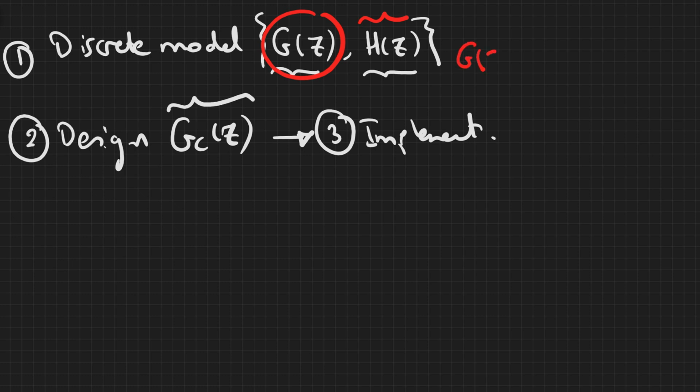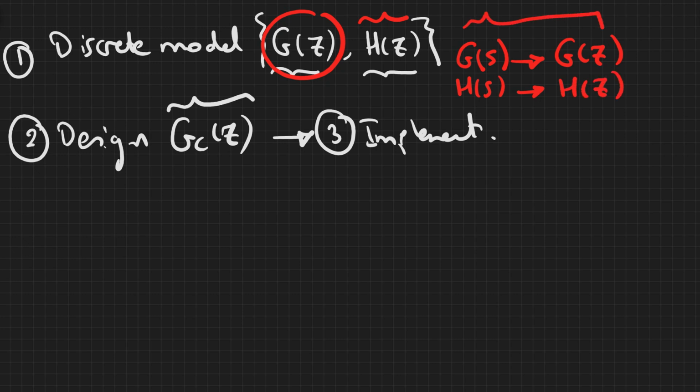So maybe we have the S domain transfer function of our system, G of S, and we want to obtain G of Z, and we have H of S, and we want to obtain H of Z. Let's say that our system is described by linear differential equations. We have our transfer function in the S plane, and we want to obtain the transfer function in the Z plane. So we can use, for example, the bilinear transform that we explained in the previous lecture to go from the S to the Z.